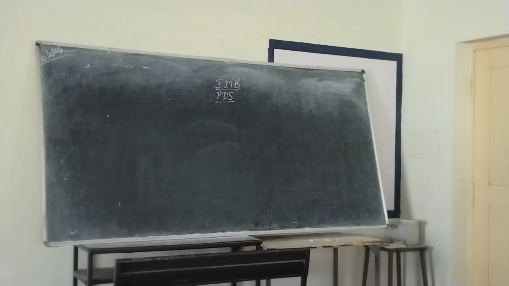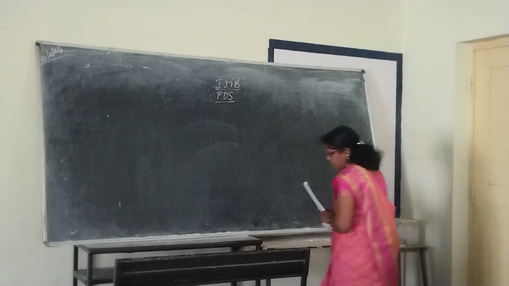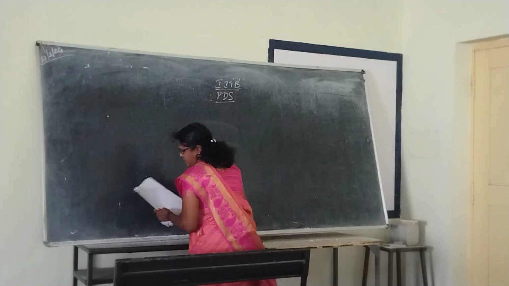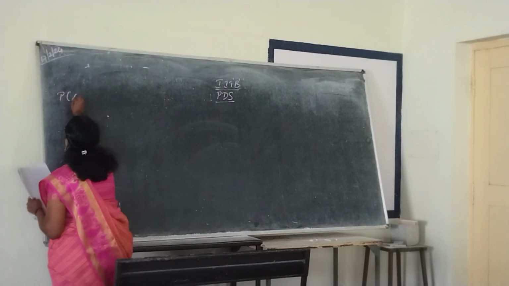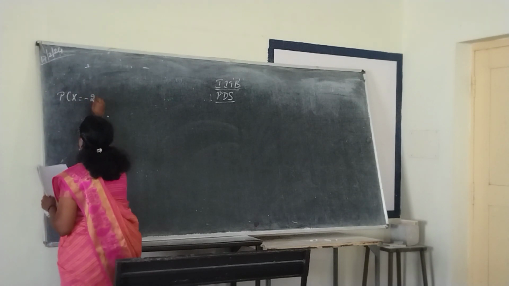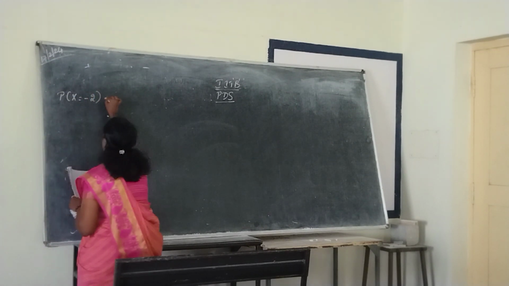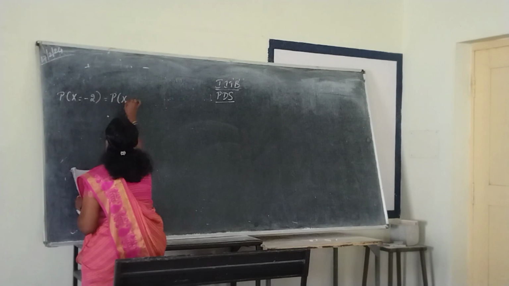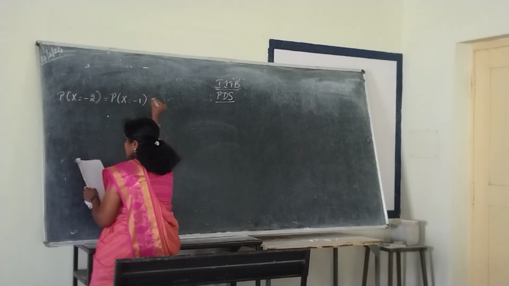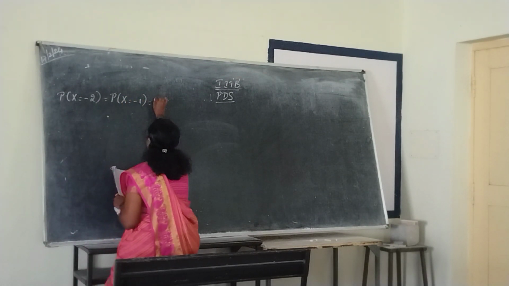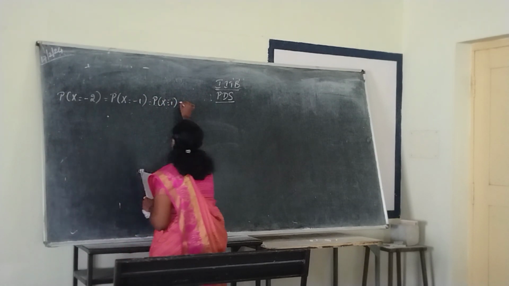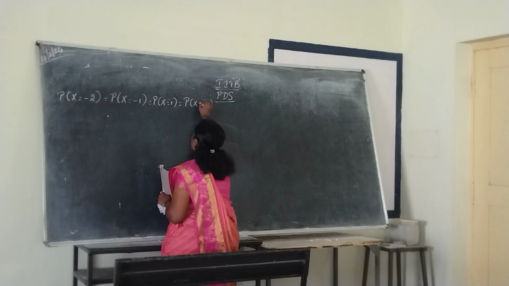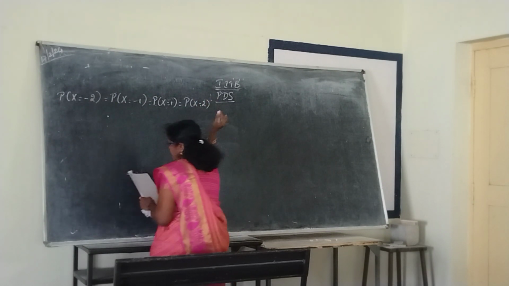Let X be a random variable such that probability of capital X equal to -2 is equal to probability of capital X equal to -1, which is equal to probability of X equal to 1, which is equal to probability of X equal to 2.